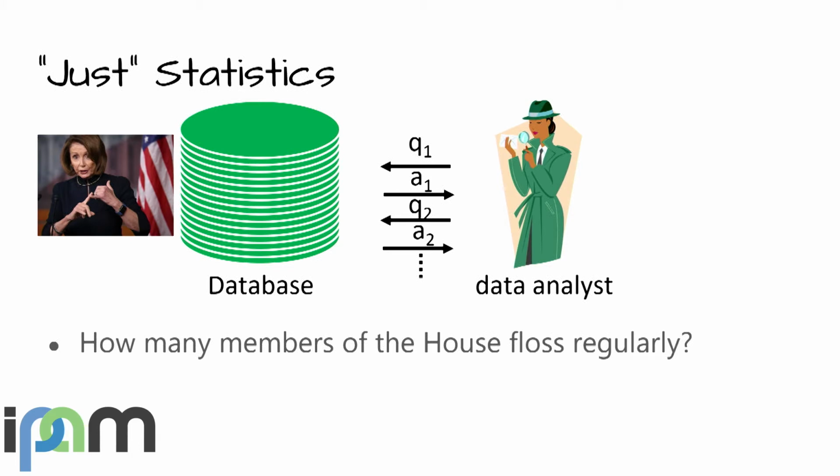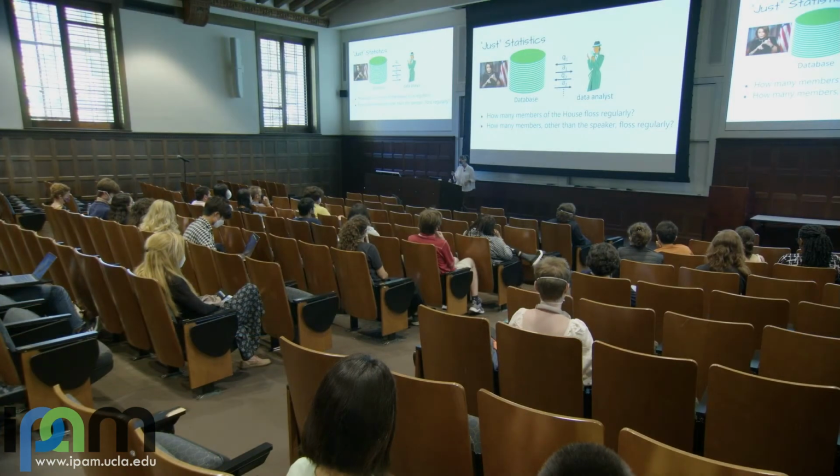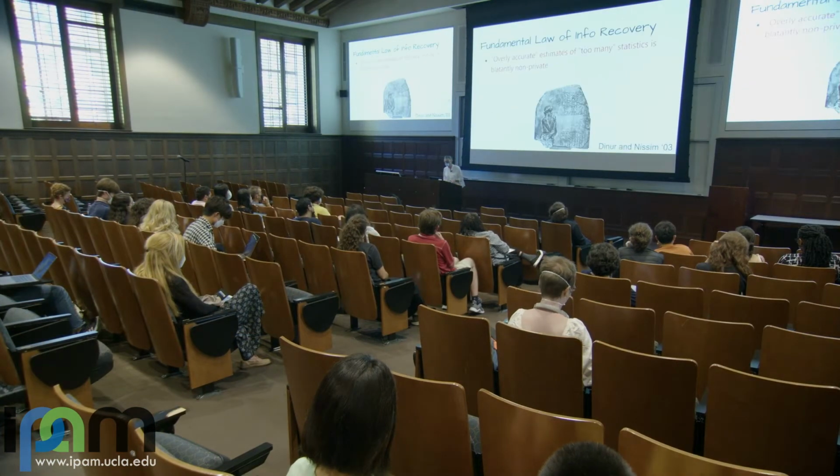And now we follow up with the question, how many members, other than the Speaker of the House, floss regularly? Again, that's just a statistic. By itself, it probably doesn't tell us very much. But if you put the exact answers to the two questions together, you figure out whether or not Nancy Pelosi flosses regularly. Now, this little example is cute and it's contrived, but it's in fact absolutely fundamental.